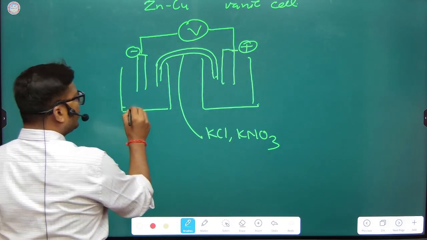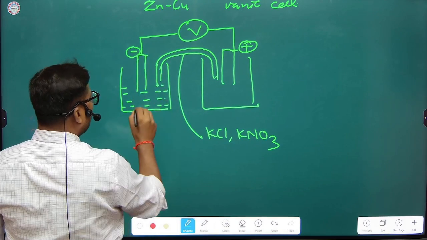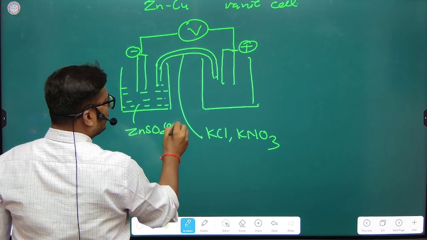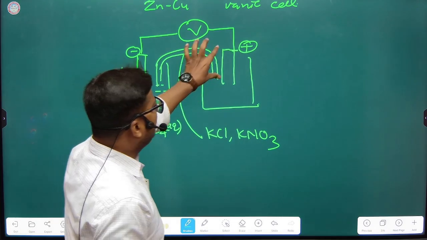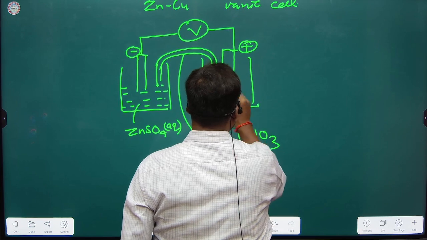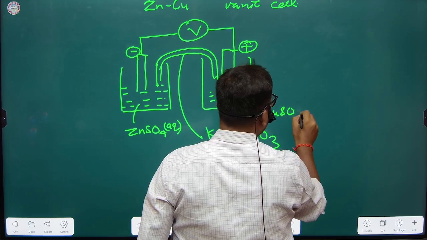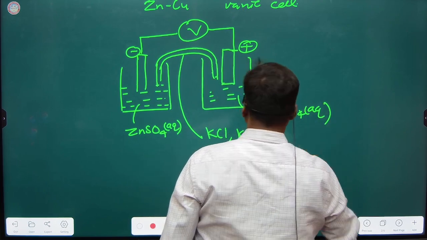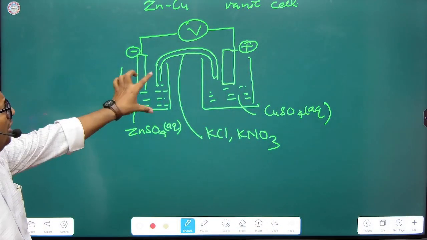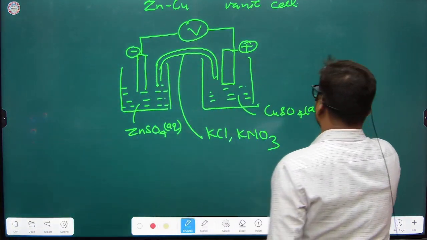And the first container, if there is a zinc rod, then it has zinc sulfate aqueous solution. Okay, and if this is a copper rod, then this copper rod is inserted in copper sulfate aqueous solution. Okay, so this is the combination of these two electrodes to construct an electrochemical cell, that is a galvanic cell, right?